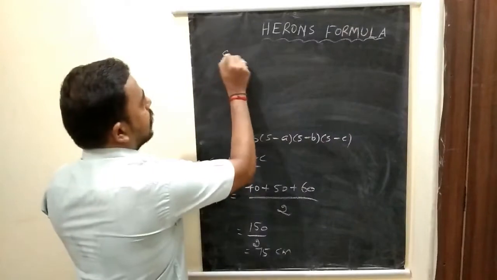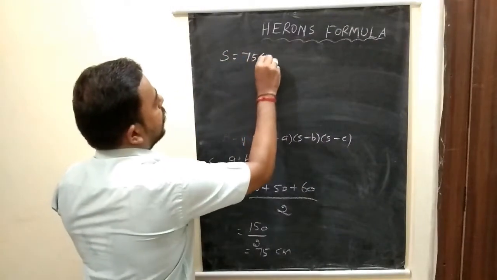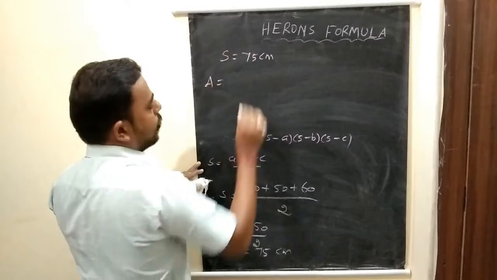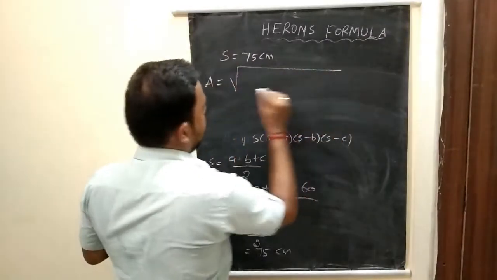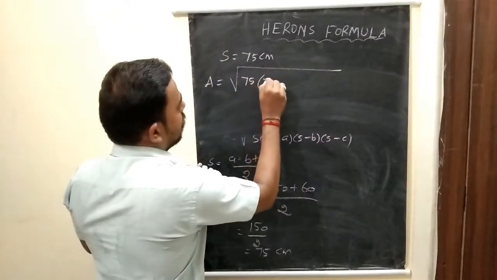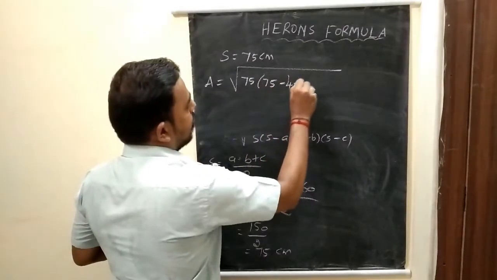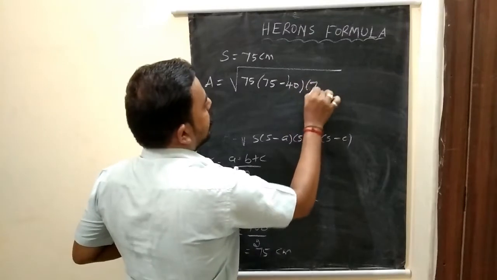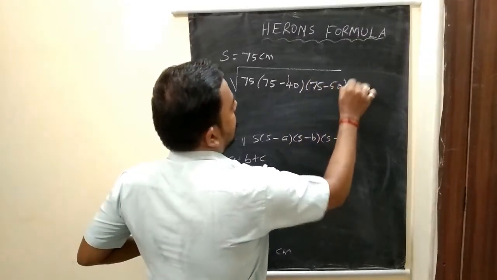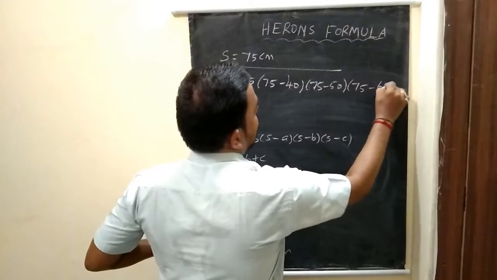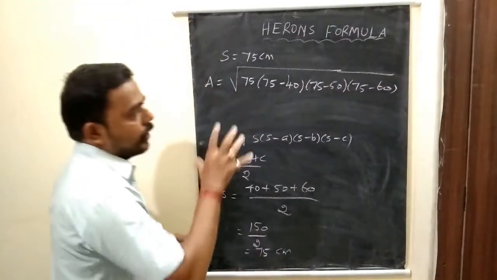So area equal to square root of S, 75, into 75 minus side A 40, side B 50, and the side is 60. We need to find this answer.